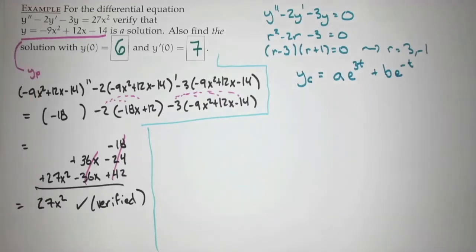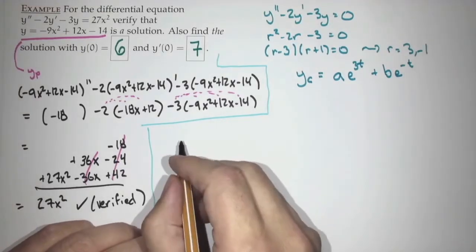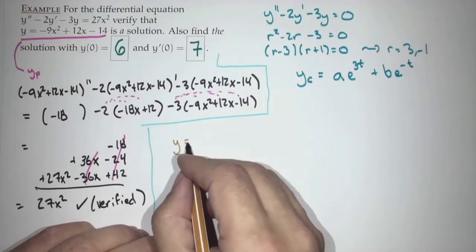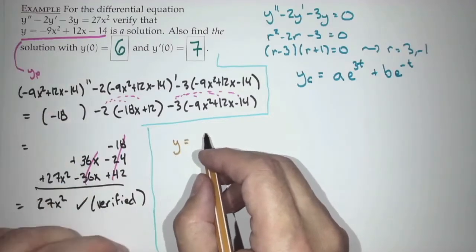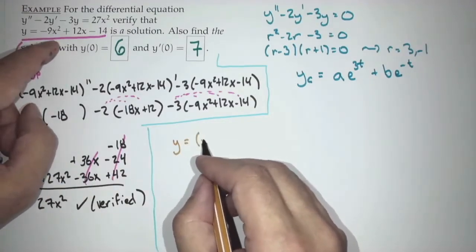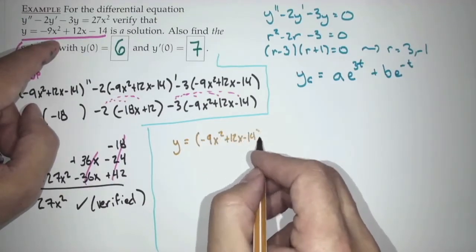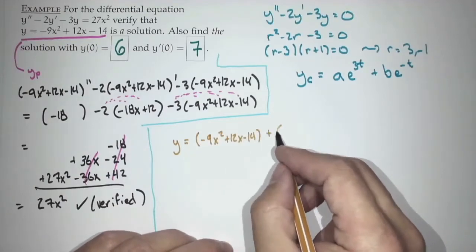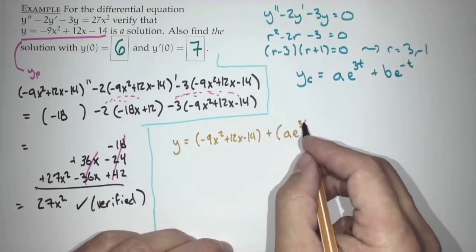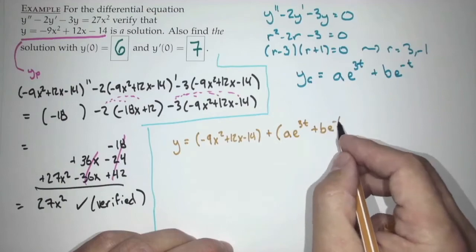Now we put it together and say, okay, so solutions to our differential equation in general look like our particular solution, and so I'll write that, minus 9x squared plus 12x minus 14, plus the complementary solution, a e to the 3t plus b e to the minus t.